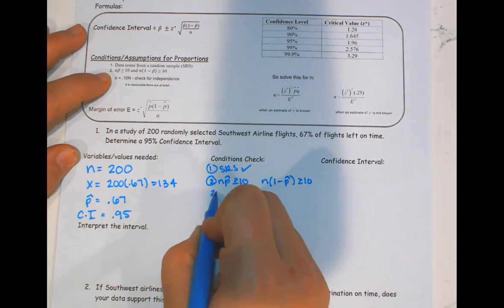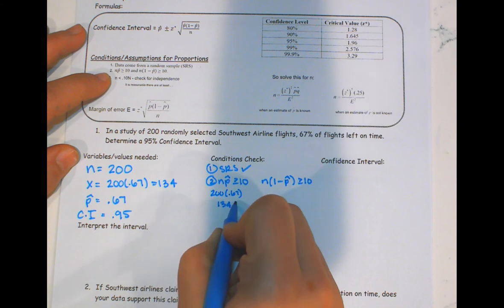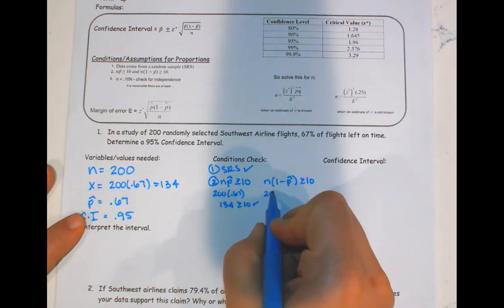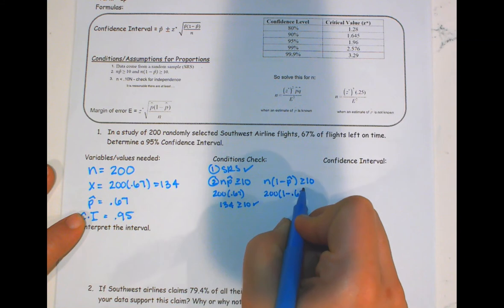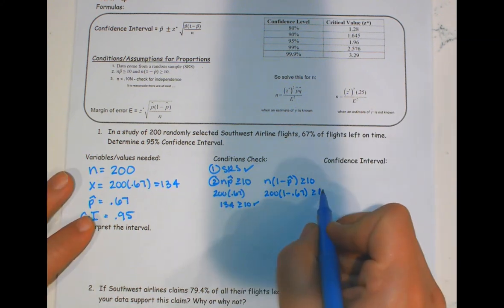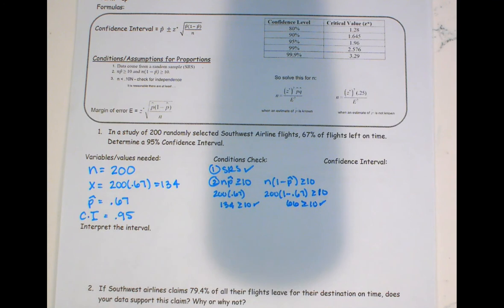So if I do 200 times 0.67, that gives me 134. That's definitely greater than or equal to 10. And then if I do 200 times 1 minus 0.67, I get 66, which is also greater than or equal to 10. So that condition is met.